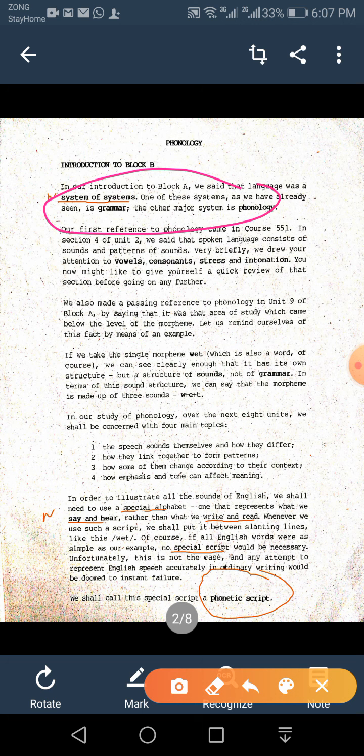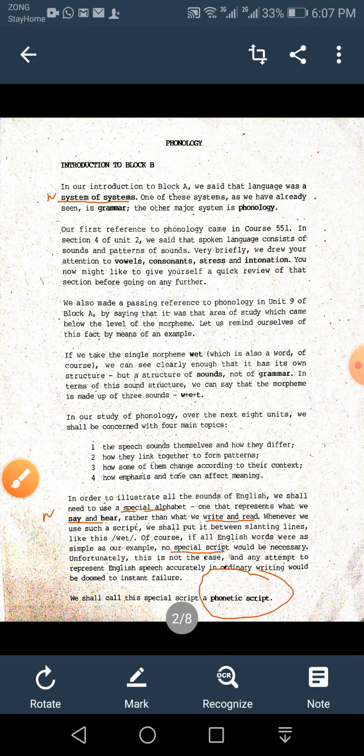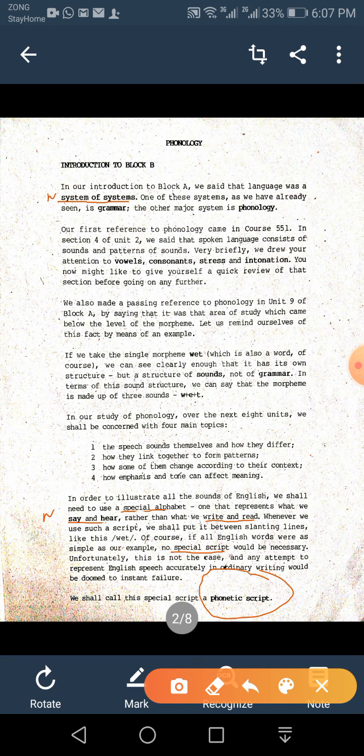Okay, now here they also mention that this book is primarily for phonology, that is, to teach phonology. So phonology means the study of sounds of a particular language. In this first page, the authors mention that there are two types of script. Script means writing system.